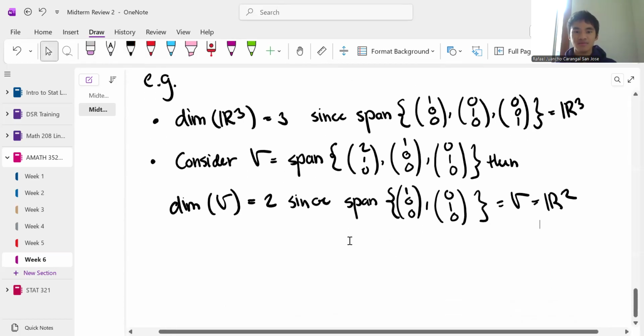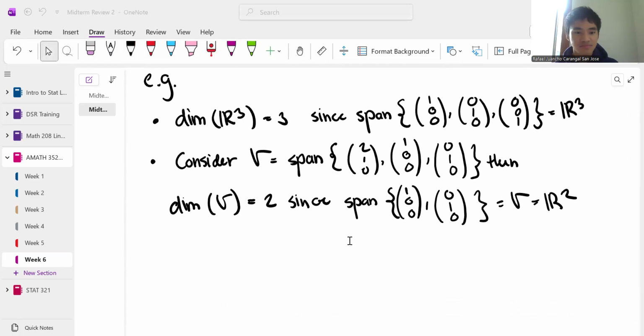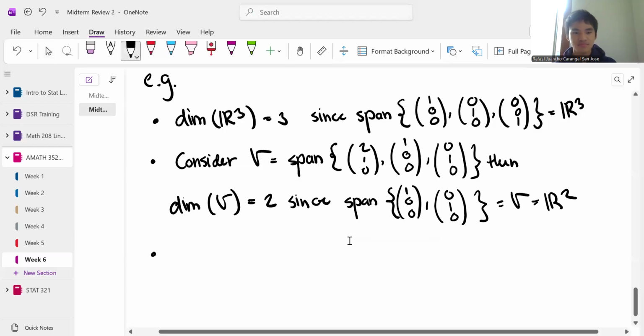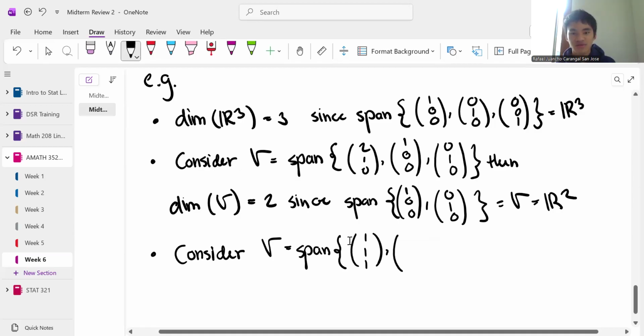Great. Now, try something else here. We have a lot of exercises. So this subspace, we go with V again, is the span of, say, vectors (1, 1, 1), (-1, 2, 3), and (3, 3, 3).